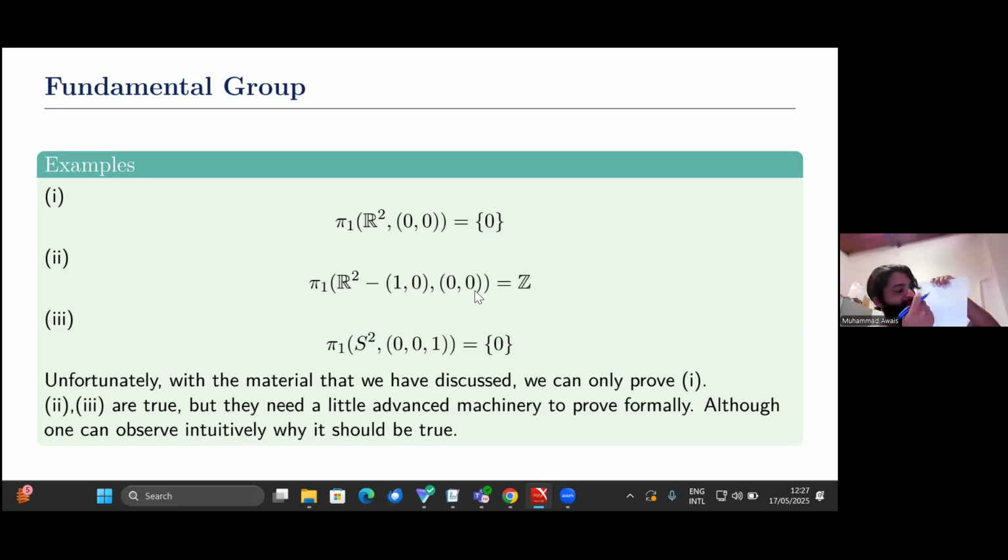And one can see why it should be Z. One can make an isomorphism in this way. If I have this loop, with this direction, it is winding one time, but I can have a loop which winds two times. One cannot transform this two-time winding into one-time winding, so they are different.